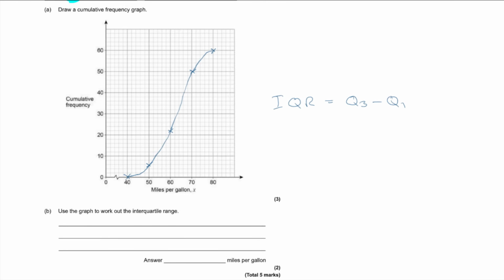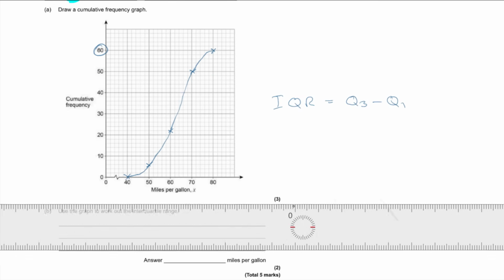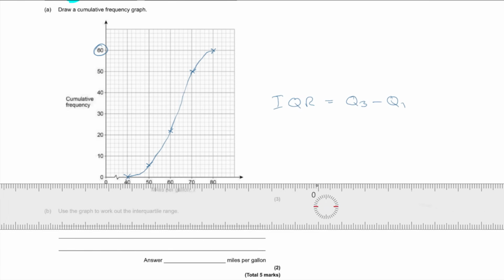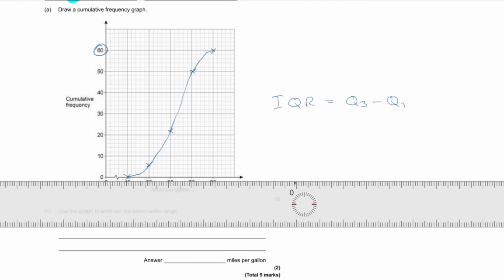We've got 60 values altogether, so if I take 60 and divide it by 4, I get 15. Now really when you're finding quartiles, you're meant to add 1 before you divide, but when your number of values is large, like 60, adding 1 doesn't really make much difference.